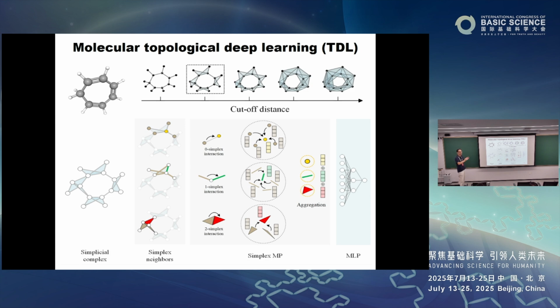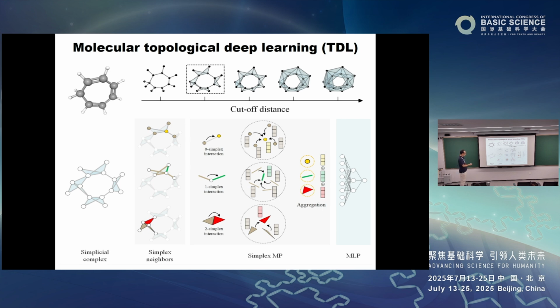So you see, in our Hodge Laplacian part we already mentioned that for an edge, you can have lower adjacency and upper adjacency. This will give you a definition of the neighbors. And then you can use the neighboring information of this edge to update the information on this edge. So this is what they call the boundary-related message updating process in TDL.